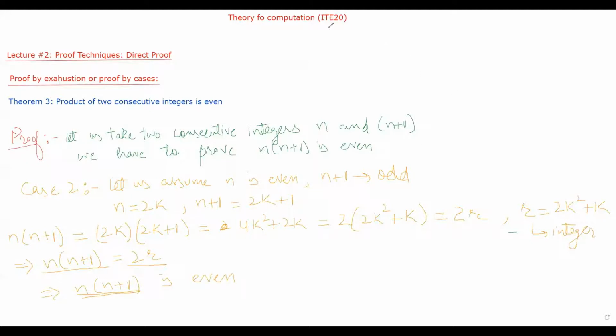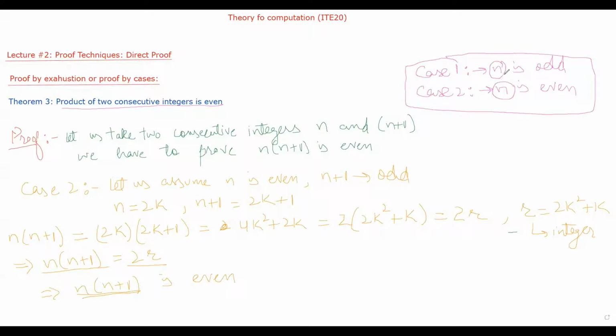So in case 1, we assumed n is odd, and we proved this particular statement, the product of two consecutive integers is even. And in the second case, we took n as even, and in that case also we proved that the product of two consecutive integers is even. So using both the cases, is there any other possible value for n?